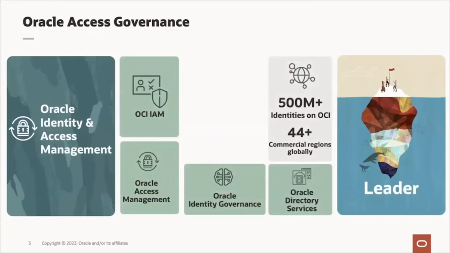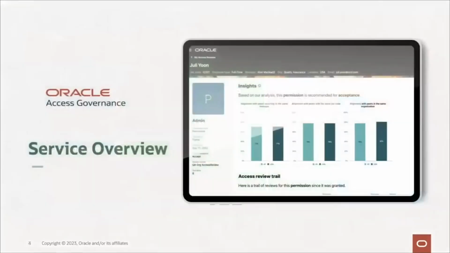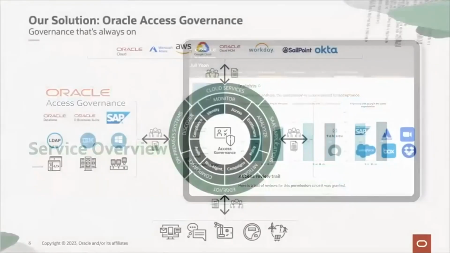Access governance was initially released in 2022, and that was the most recent addition to our portfolio. Access governance fits well into the identity and access management stack. We will look at what access governance provides and how we improved it in the recent updates.